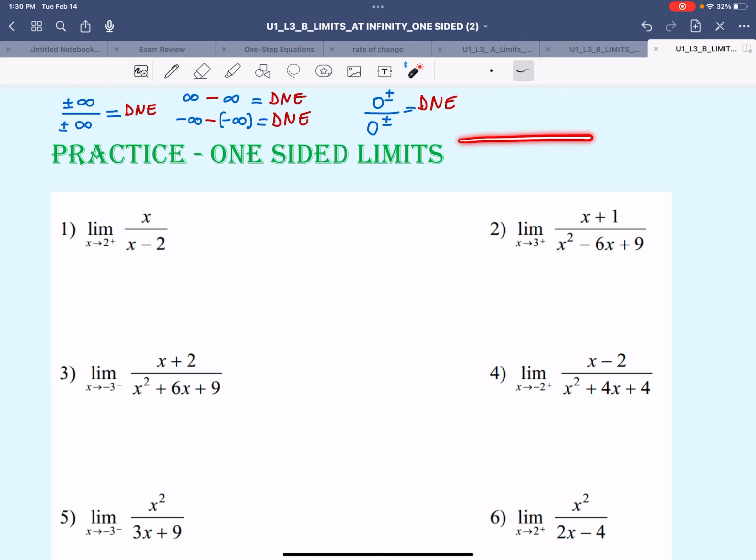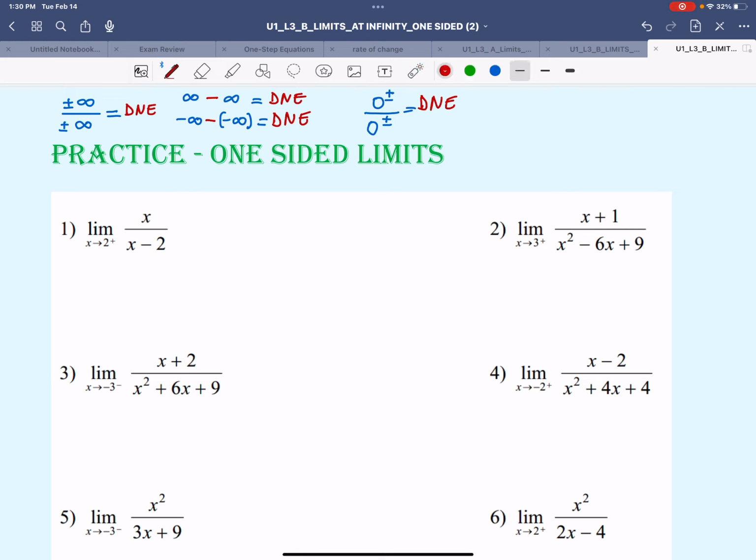We do not know the value of it because if this is number 0 and 0 plus is on the right side of it, we don't know how close 0 plus will be to this 0 in here. So the distance between 0 and 0 plus is very, very, very small or indefinitely small.